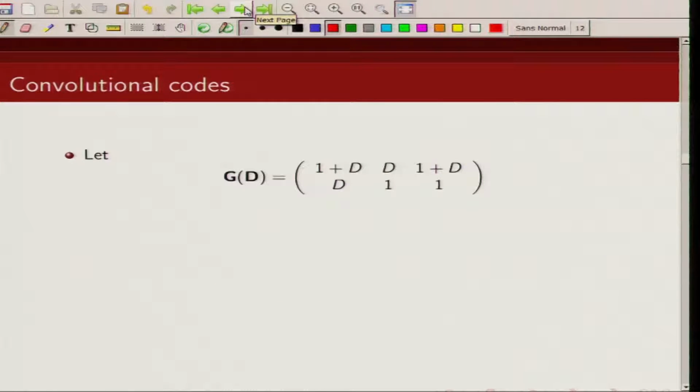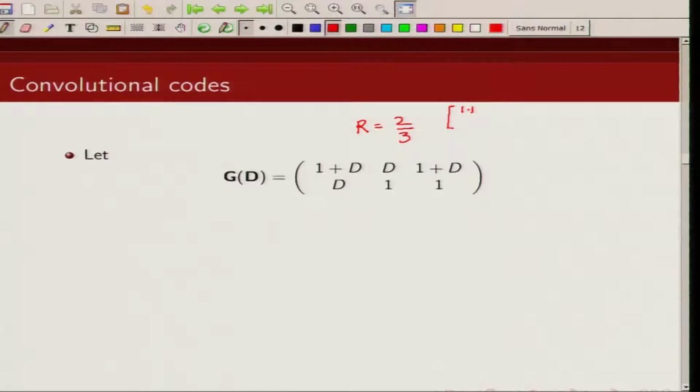Now, let us look at an example for rate r equal to 2 by 3. In this case we first have to find the determinant of all 2 cross 2 submatrices. So, what are those 2 cross 2 submatrices?